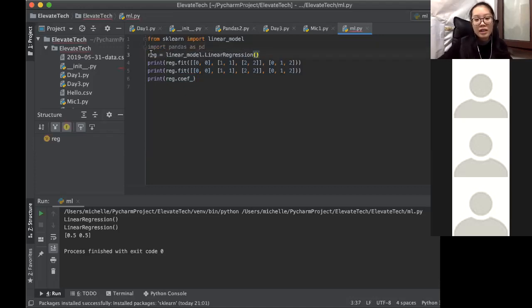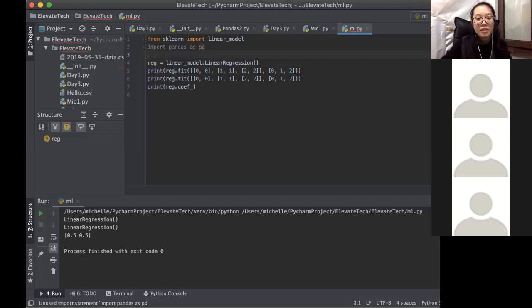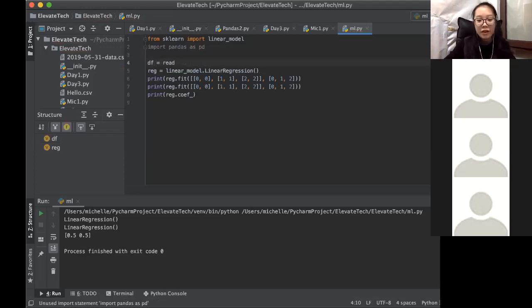By creating a data frame, you first need to read the data. Just like I told you yesterday, if you download data from data.gov, you mostly see it in CSV or in JSON. So read_csv, then parentheses, and in the parentheses put the file name.